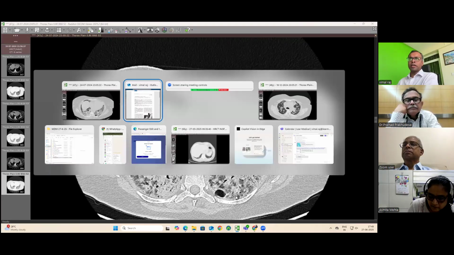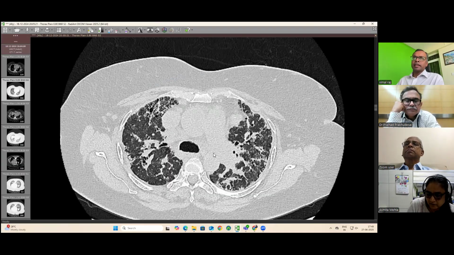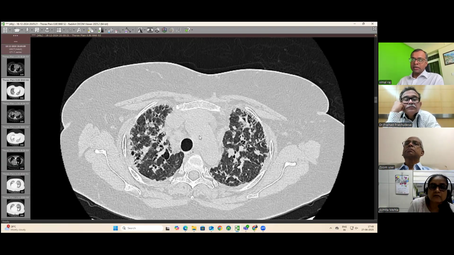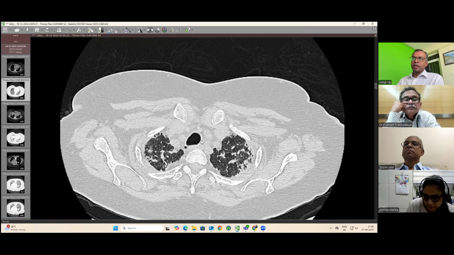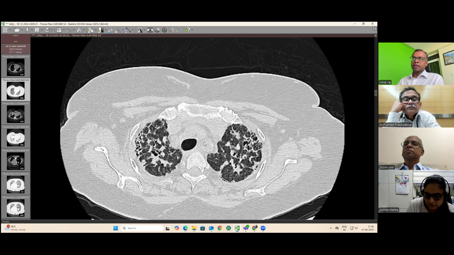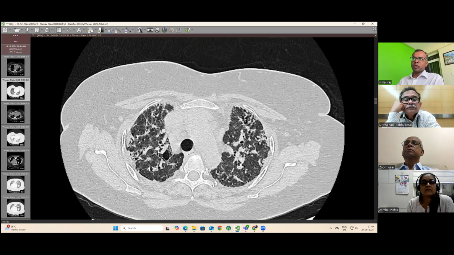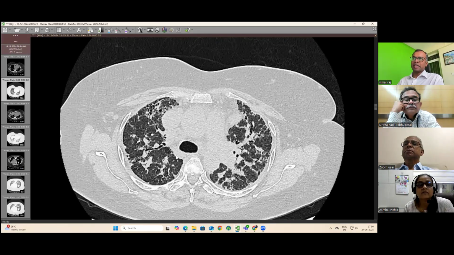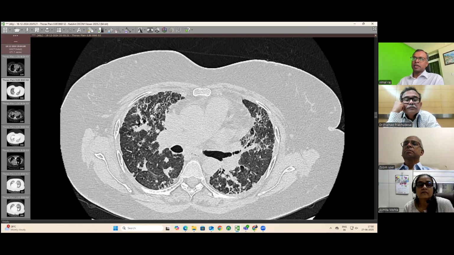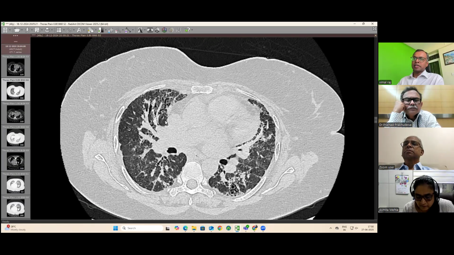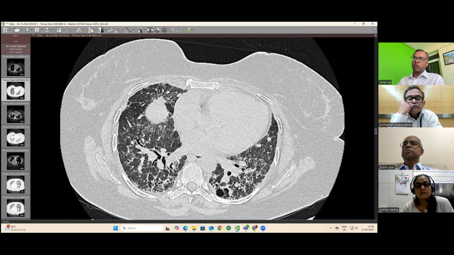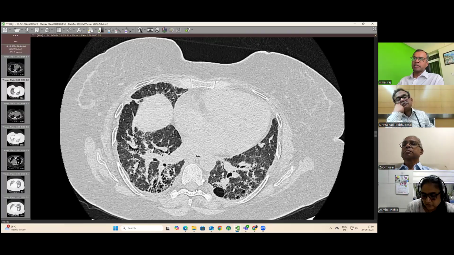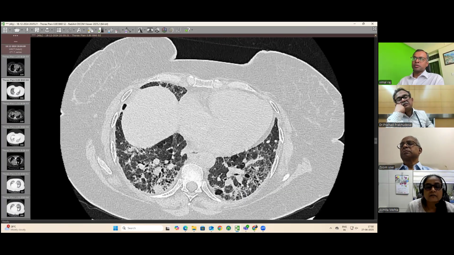This is July 2024. And then when we move on to December 2024, we can see a similar pattern in the upper lobes: traction bronchiectasis, bronchocentric disease, few cysts here and there. And you can see traction dilatation of bronchi, patchy ground glass, same cystic changes.